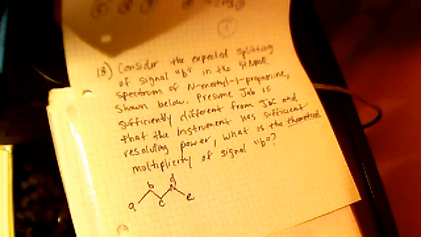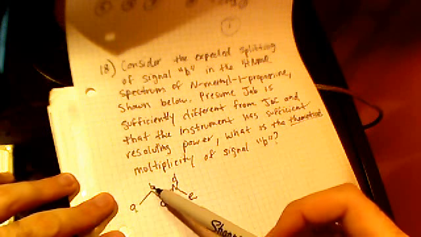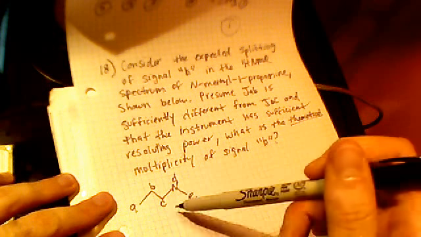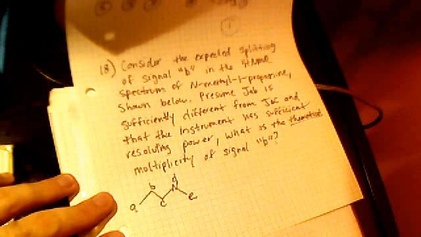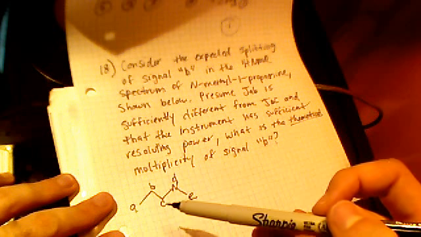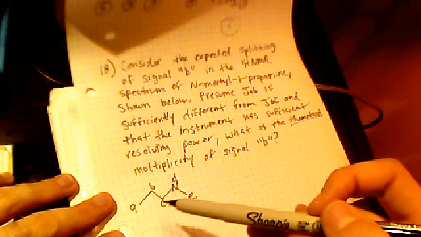But okay, so the theory is that A would split B into a quartet. C would split B into a triplet. So you take the quartet, and you split each of the quartet's peaks into triplets, which gives you 12.